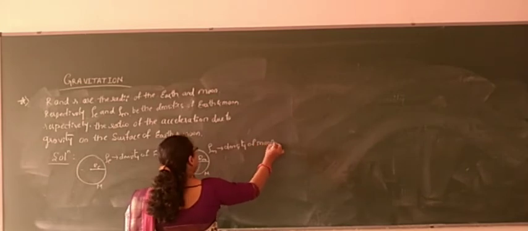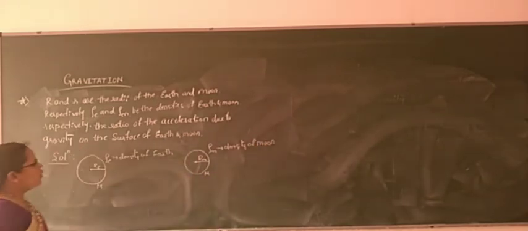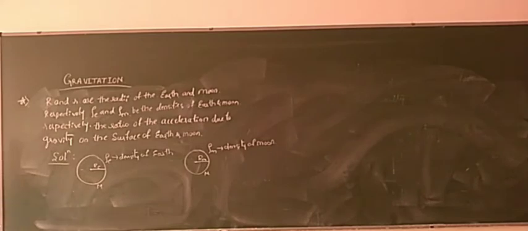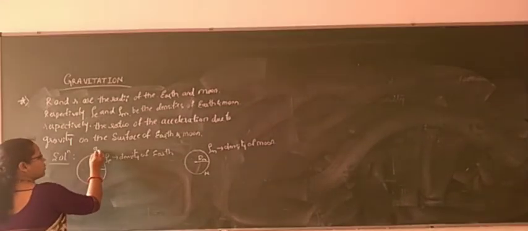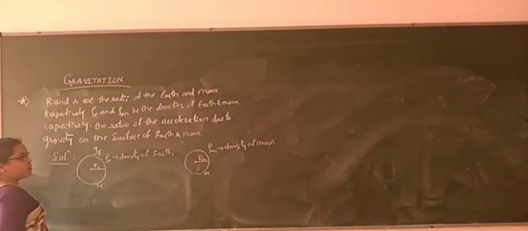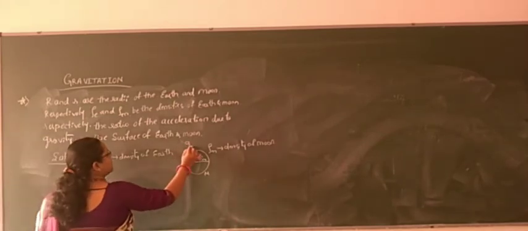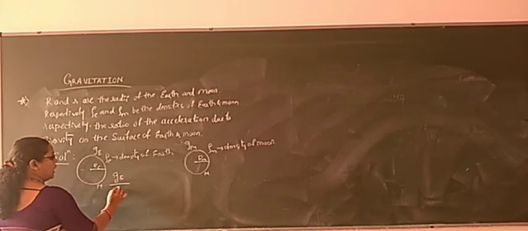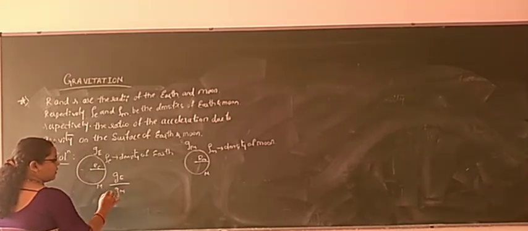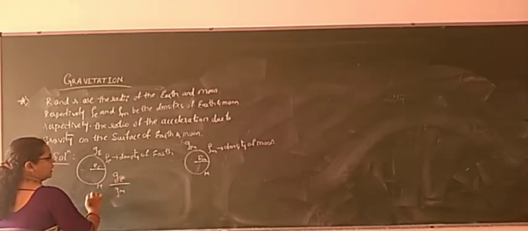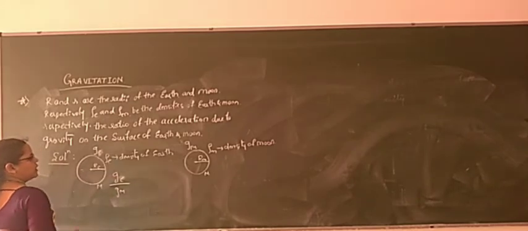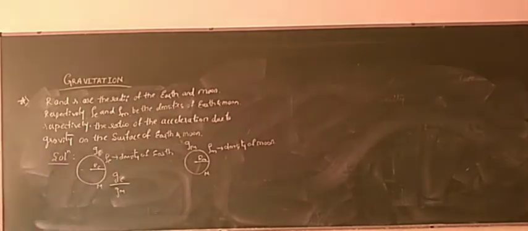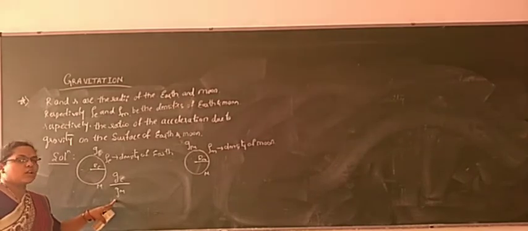We'll just take the radius of the moon as r and ρ the density of the moon. So what we need to find out here is the ratio of acceleration due to gravity on the surface of the earth and the surface of the moon here. So we need to find the ratio g_e by g_m here, acceleration due to gravity on the earth by the acceleration due to gravity on the moon.